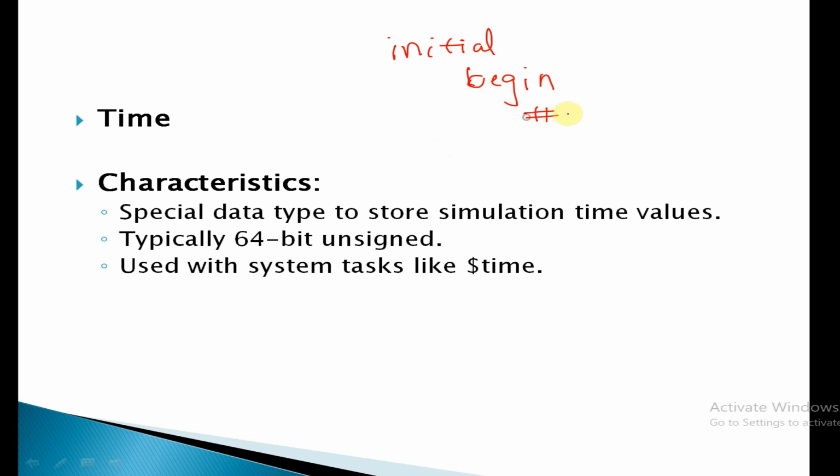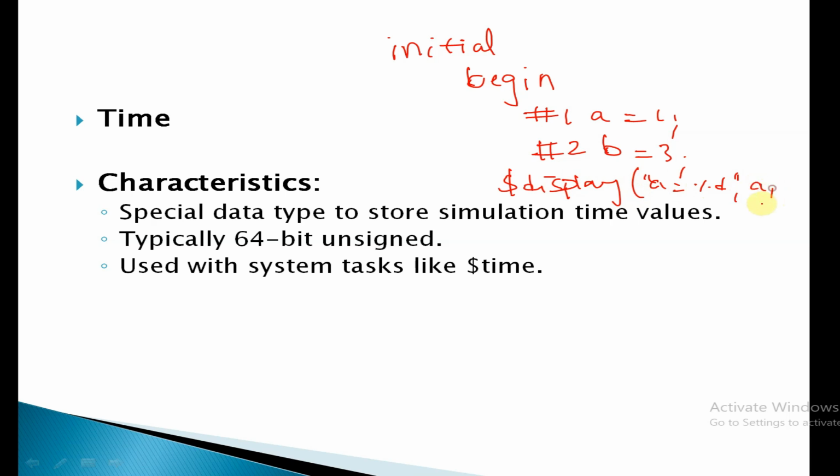Let's say we have some time delays, #1 a = 1 and #2 b = 3. The $display construct we will use for printing: $display a is equal to %d, comma a, comma, and here you can use $time.